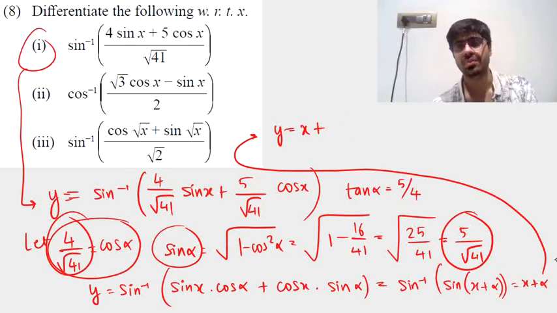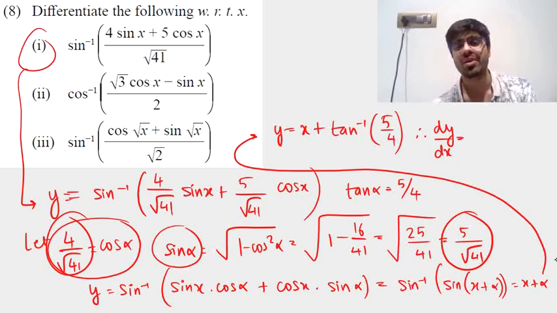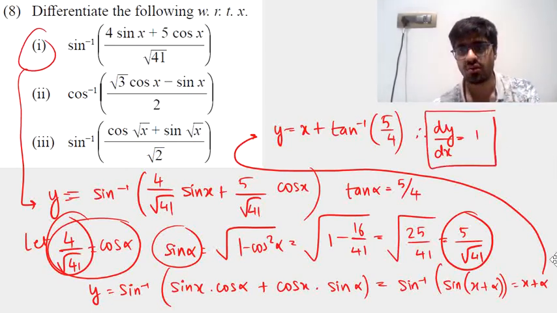So that alpha term can be written as tan inverse of 5 by 4. Now take dy by dx. So dy by dx will be equal to 1. Tan inverse 5 by 4 is a constant, so the derivative will be 0. So we have a plus 0 in the end. So dy by dx will be equal to 1.